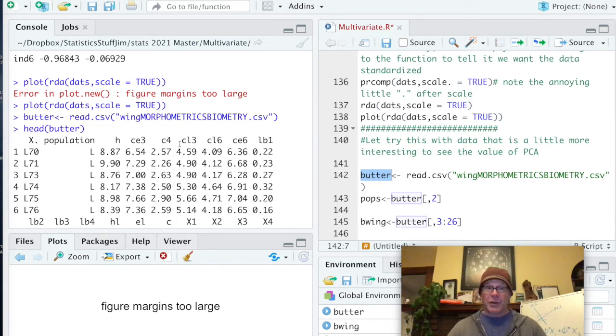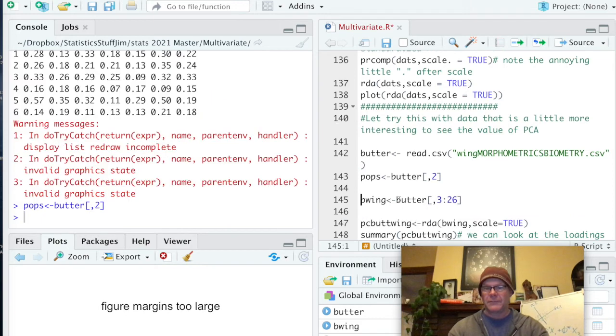And instead of showing just a bunch of histograms of the height in CE3 and C4, we were like, hey, I got an idea. Why don't we do a principal components analysis on this and see if we can learn something about important elements of the variation, as well as be able to look at a pretty picture. And so what I'm going to do is I'm going to create an object called pops, which will be the populations, so we can just keep track of that.